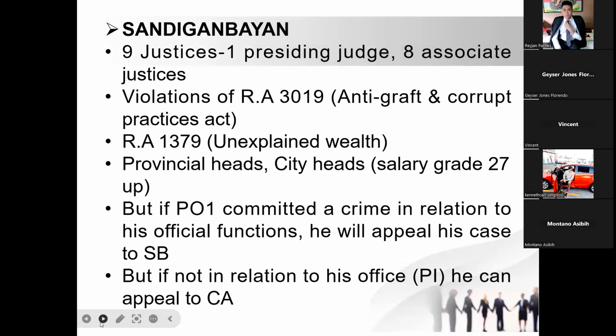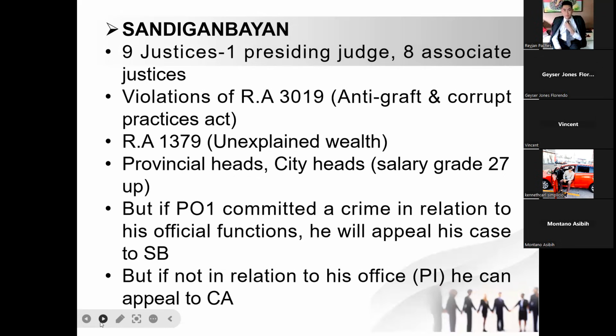But of course, class, yung mga provincial heads, mga city heads, kapag yung salary grade nila is 27 and up, jurisdiction niya ng Sandigan Bayan class kapag nakakommit sila ng crime. Okay? But of course, yung patrolman, kapag nakakommit sila ng crime related to their official functions, mag-appeal ngayon sila class sa Sandigan Bayan. Okay? Kasi nga PO1 class, hindi yan jurisdiction ng Sandigan Bayan.